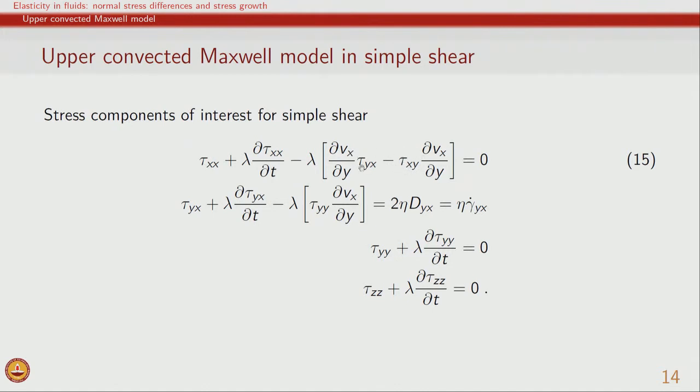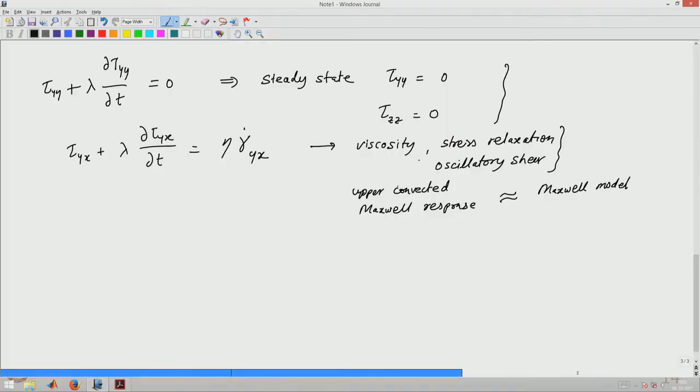Of course, we remind ourselves that this is a symmetric tensor, so tau yx and tau xy will be the same. So, what we have is tau xx plus lambda del tau xx by del t, minus 2 times tau yx gamma dot yx is equal to 0.